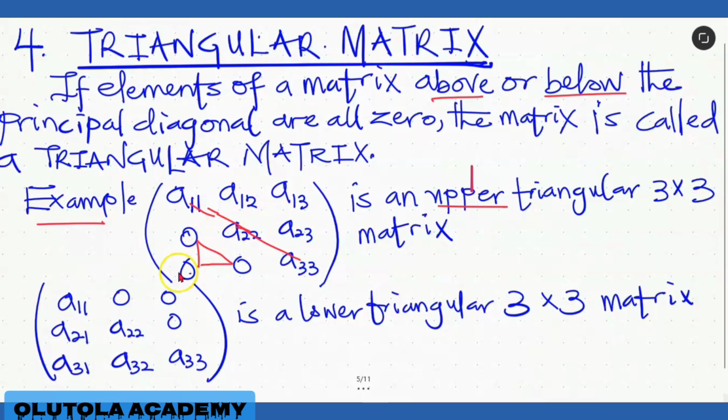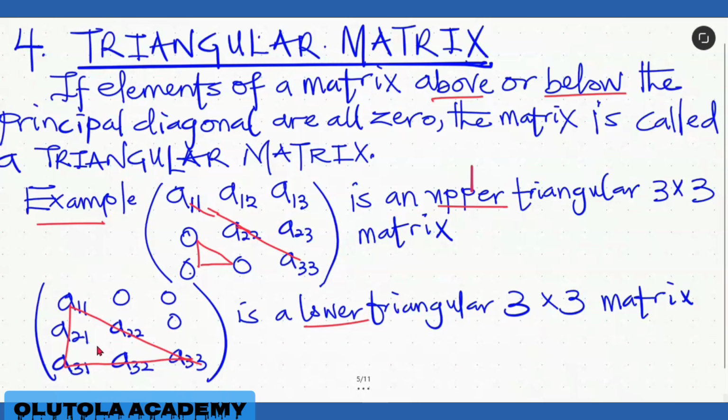Down here we have a lower triangular 3 by 3 matrix, and as you can see, the elements above the principal diagonal are all 0. I can also draw a triangle this way, and that's why it's called a triangular matrix.